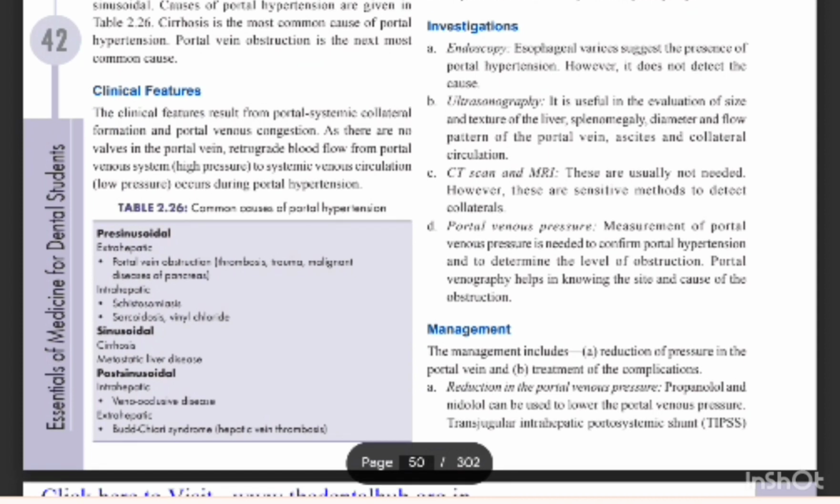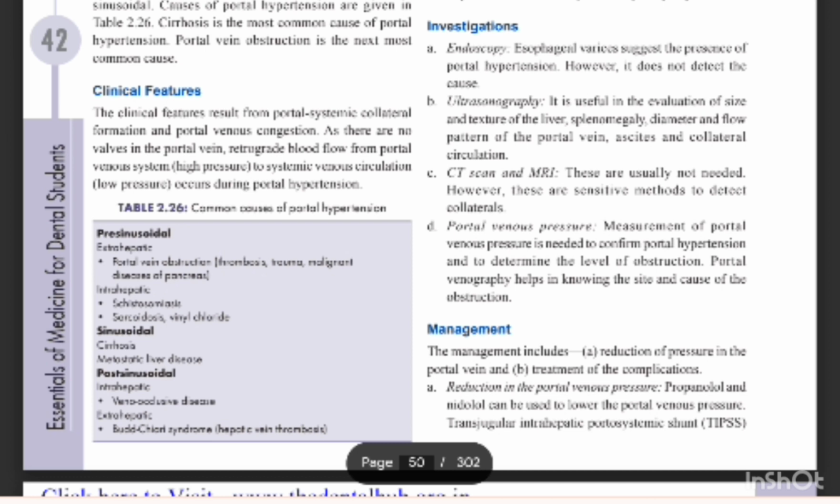Then what are the investigations? Endoscopy is very important, it will help you find esophageal varices. Ultrasonography is useful in the evaluation of the size and texture of the liver, splenomegaly, diameter and flow pattern of the portal vein, ascites and collateral circulation.